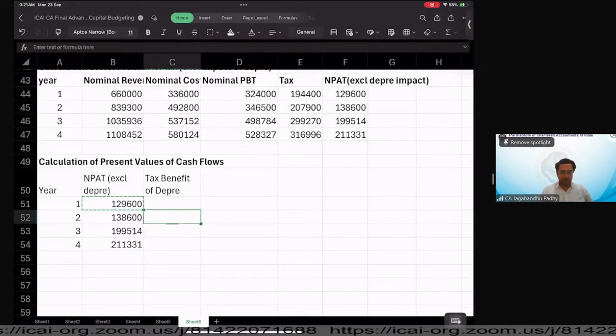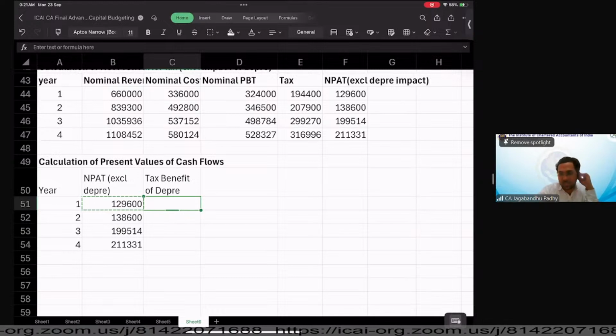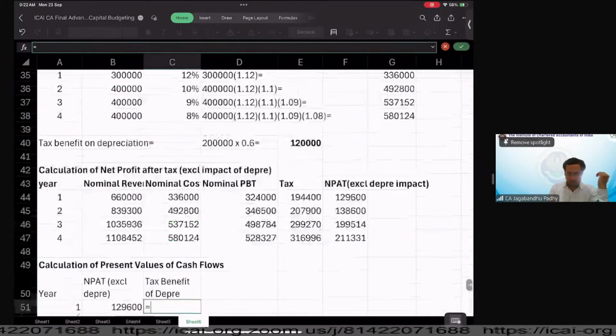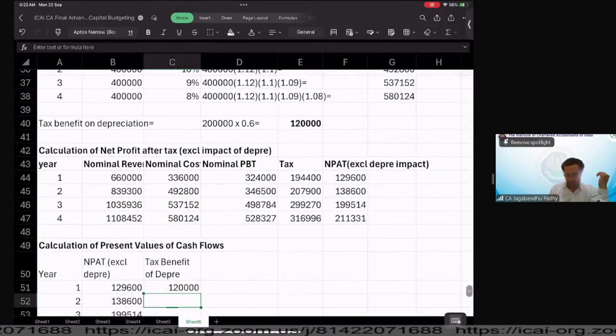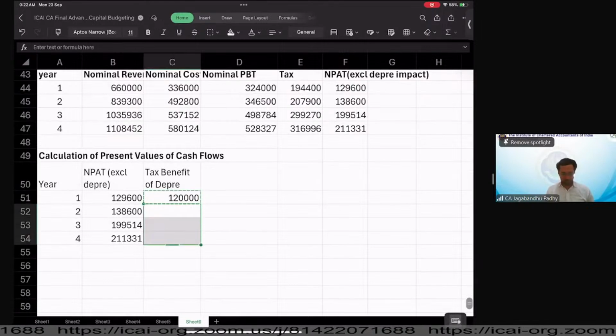What was the tax benefit of depreciation, guys? Do you remember? That is, of course, not going to be inflation adjusted because it's a historical number. We have computed it already. This is 1,20,000.